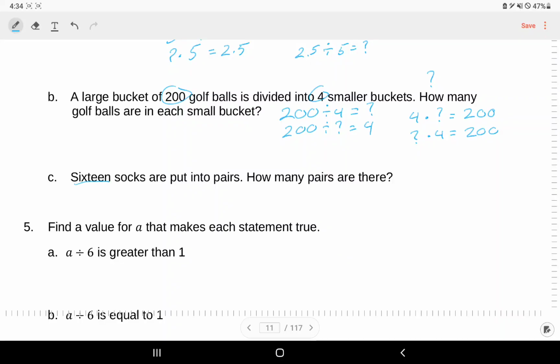Now, 16 socks, so that's 16, are put into pairs. Pairs are 2. How many pairs are there? That's your question. That's your unknown.